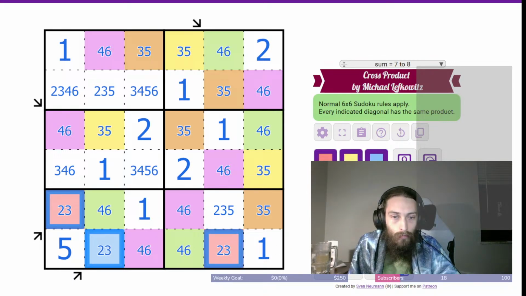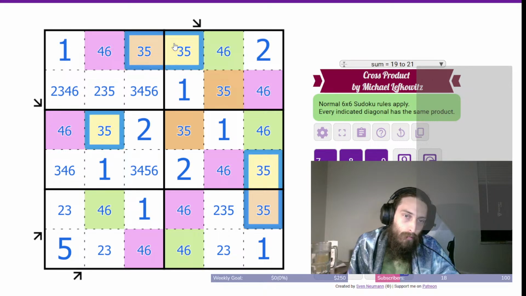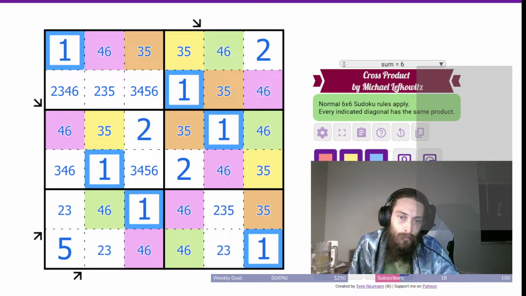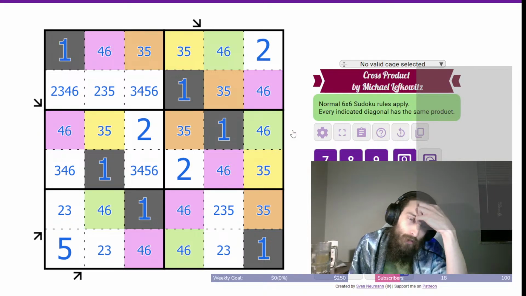So maybe I'm going to go with yellow, orange. But I don't know which one's which.